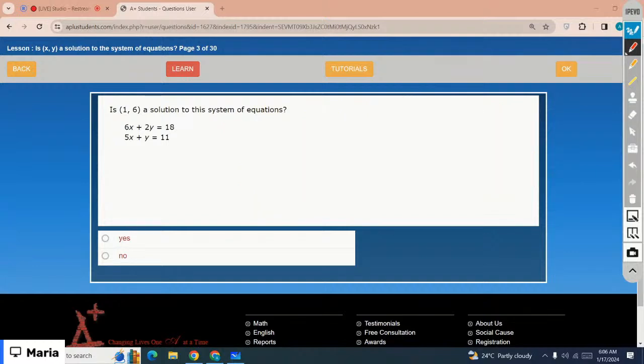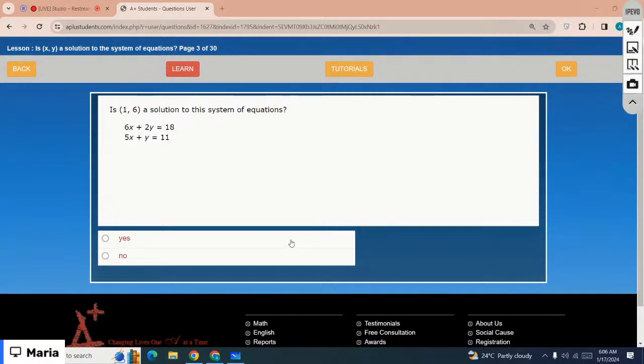Okay, the next one you have to do in your notebook and write the correct option in the chat box. I'm waiting for the answer.